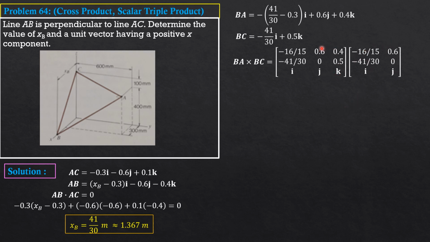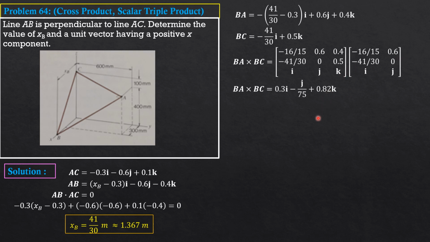So for I, 0.6 times 0.5 I minus 0, so 0.3 I, BA cross BC. Then for J, 0.4 times negative 41 over 30 minus 0.5 times negative 16 over 15. So the net value is negative 1 over 75 J. Then for K, 0, then minus negative 41 over 30 times 0.6, so that's plus 0.82 K.